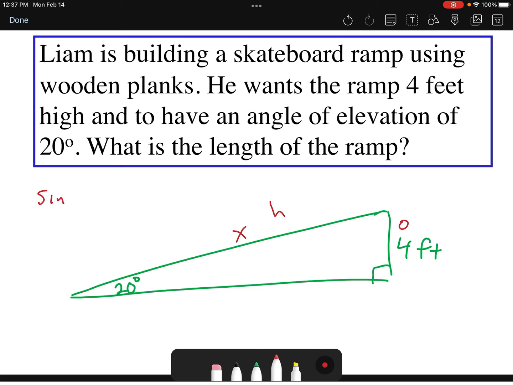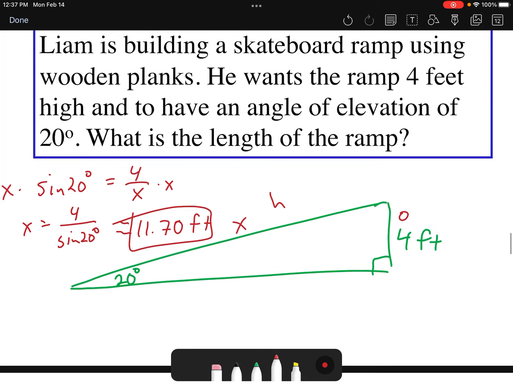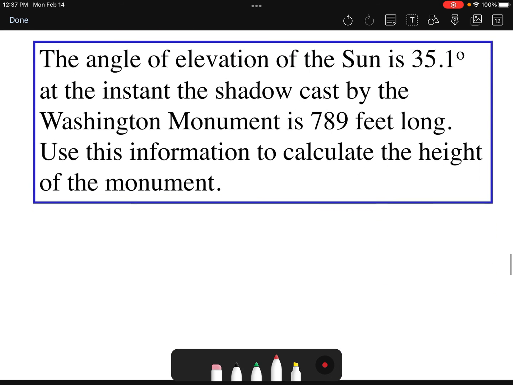So the sine of 20 now would equal 4 over x. So since the denominator has a variable, we're going to end up dividing instead of multiplying. No big deal. The ramp will be about 11.70 feet long.